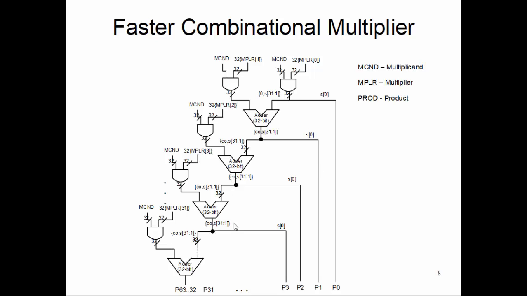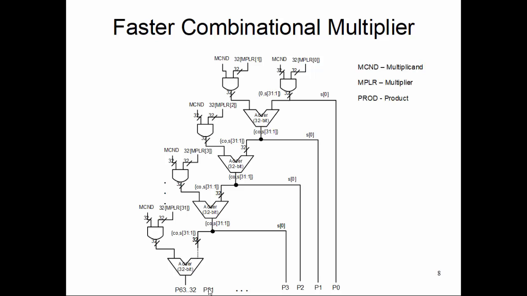Just to make sure we understand what is coming out of this 31st adder: at each stage we take out one bit and finalize that as a product bit. Adder 1 gives me product bit 1, adder 2 gives product bit 2, adder 3 gives product bit 3, and the 31st adder gives product bit 31.